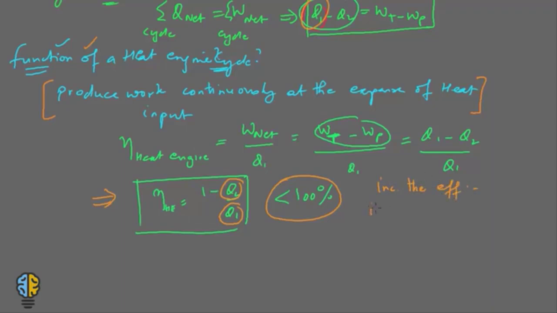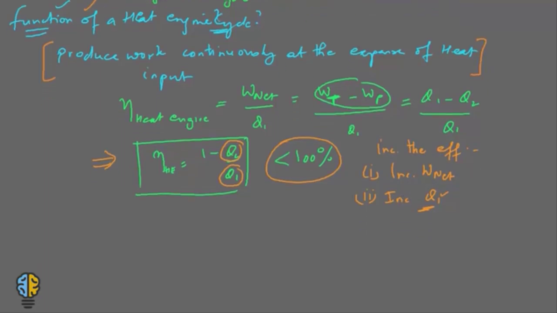The first thing I can do is to increase the net work output, either by increasing the turbine work output or by decreasing the pump work input. The second thing is to increase the heat input. Heat input increment is not always advisable for the sake of keeping the cycle economical, because then you have to expend a higher amount of energy, which is not always economical while running a very big system.